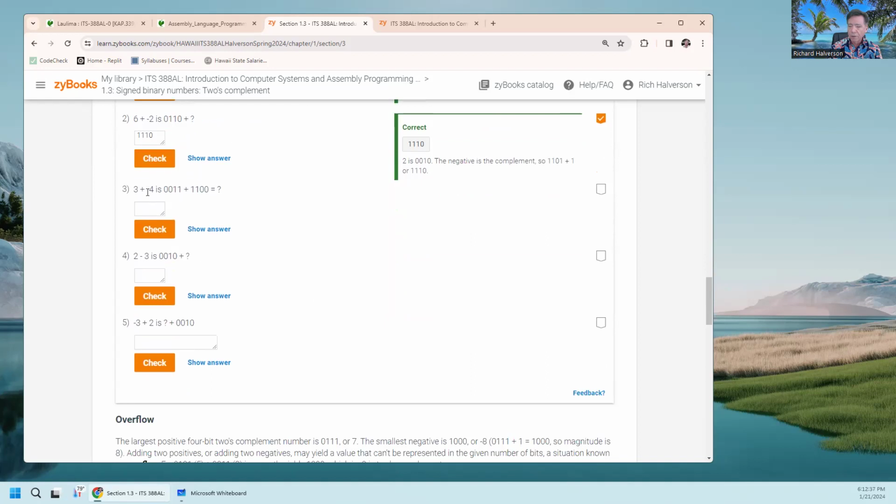Okay. 3 plus -4 is, is this -4? 4 would be 0100, so -4 is 1011 plus 1.